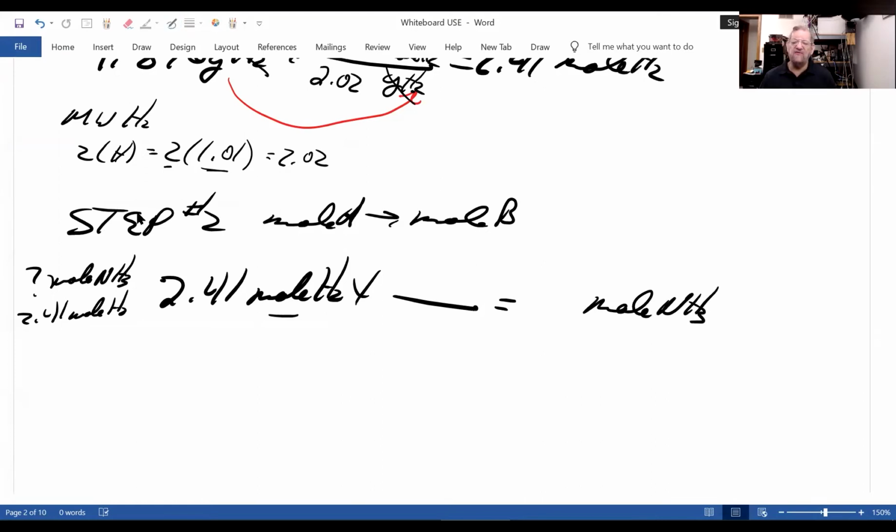And I'm going to let you first figure out what units go on top, what units go on bottom, not the numbers, what units. Your turn. Time's up.